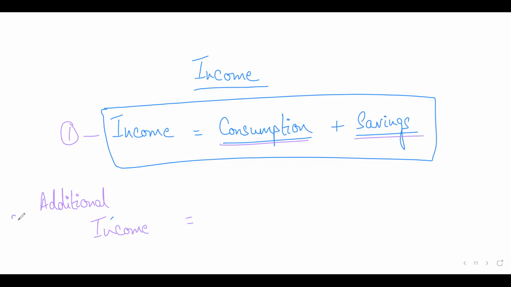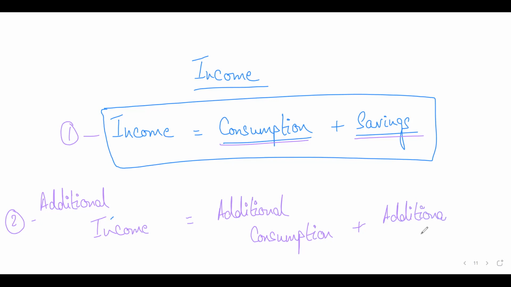Now in the second equation, have a look at this. Additional income would be equal to what? Additional consumption plus additional savings. So the additional income of an individual would either be spent more on consumption or it would be saved. Is this making sense?